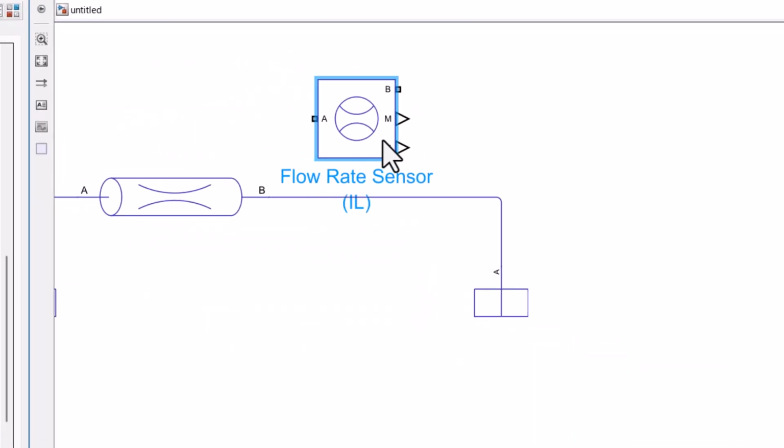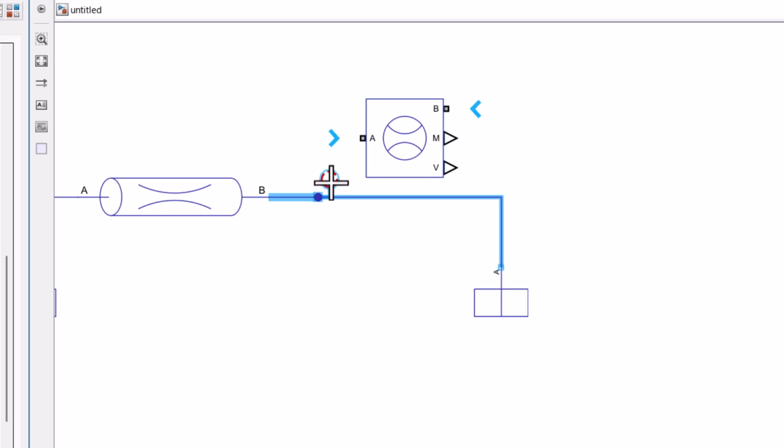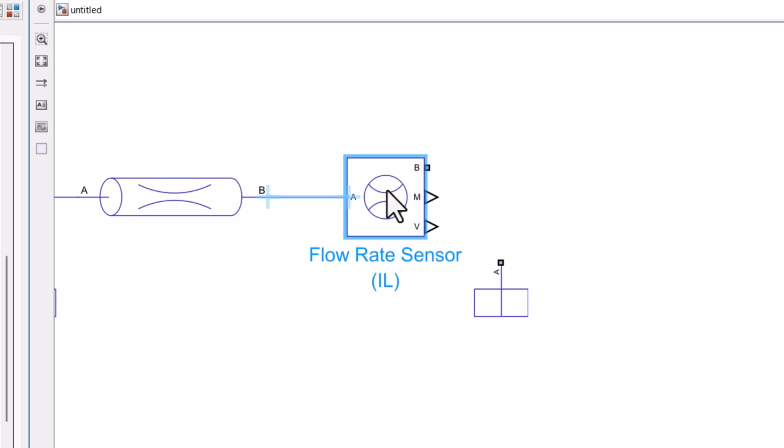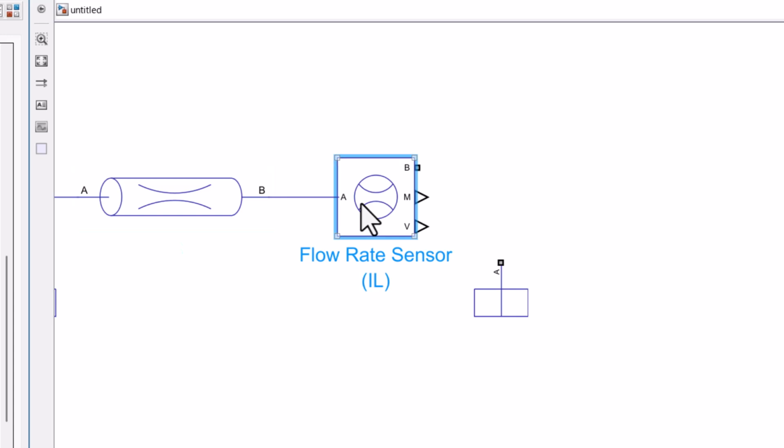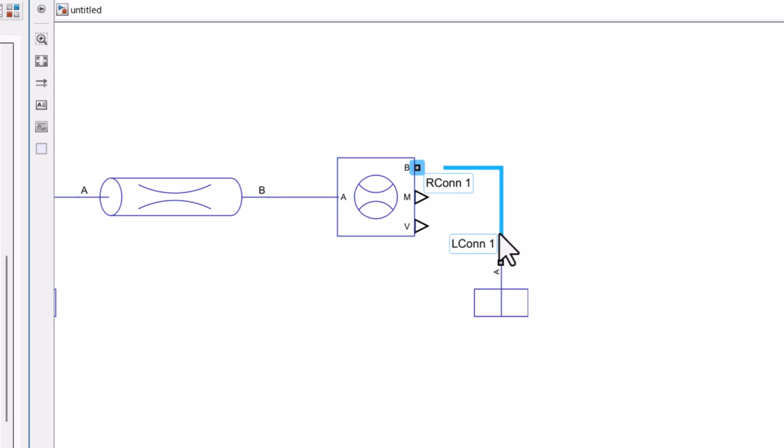So I have to make all of the fluid go through this sensor. So the pipe outlet is going to be connected to the sensor inlet, and the sensor outlet is going to be connected to my low pressure reservoir.